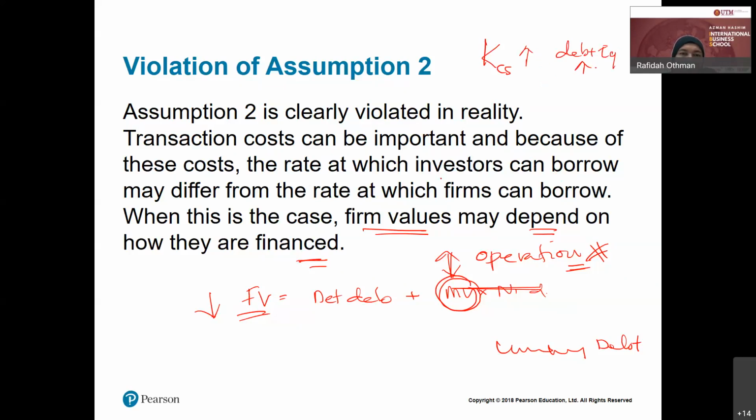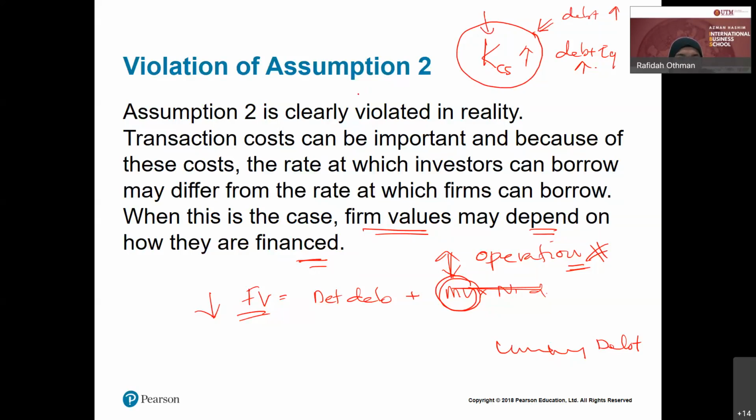In this case, firm value may depend on how they are financed. So it shows that when your debt is increased, the cost for financing of common stock is increasing.